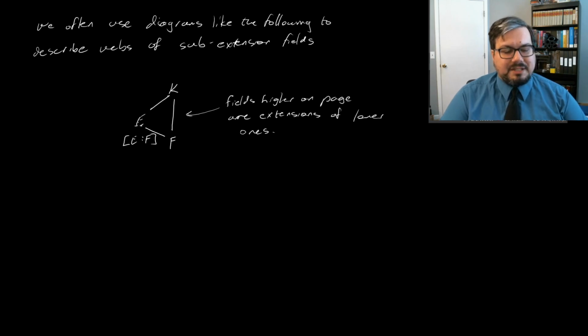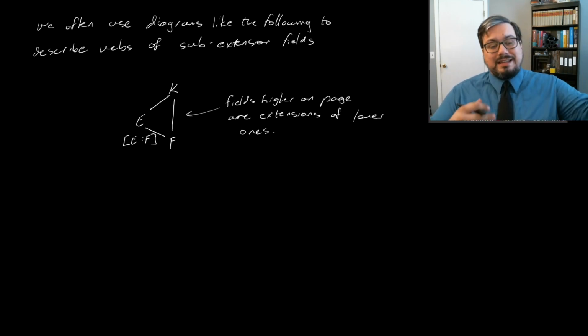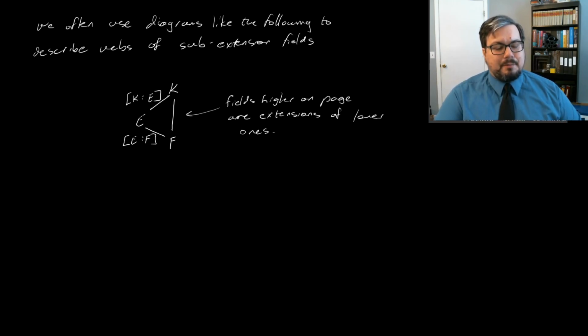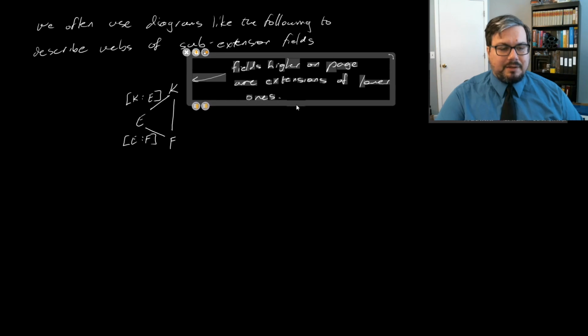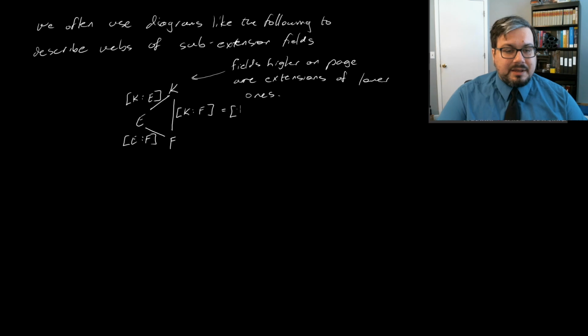So this bar going from F to E, we will label with the degree, and that shows basically how much bigger E is than F as an F vector space. And then we'll have the bar from E to K be labeled with the degree of K over E. And then this one we can label as the degree of K over F, but we also know from the previous theorem that this is equal to the degree of K over E times the degree of E over F.